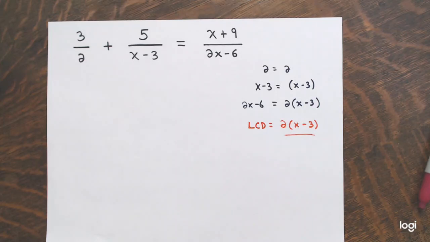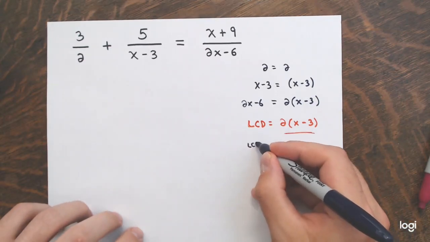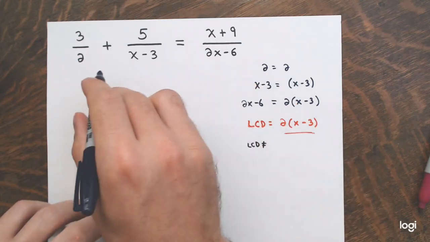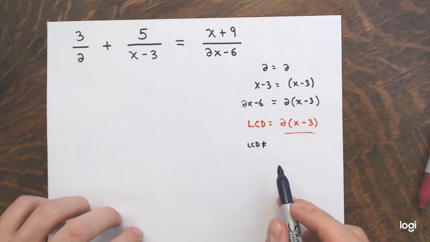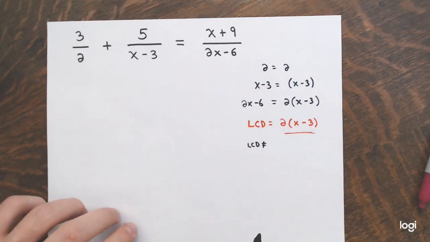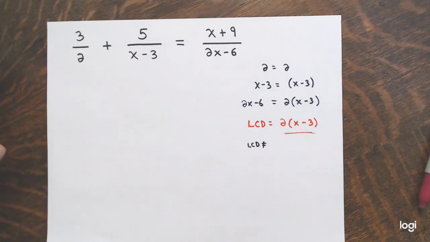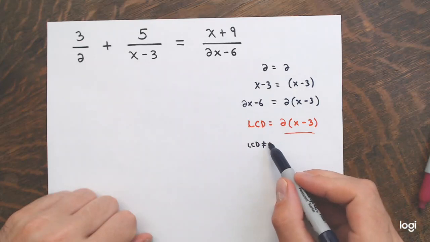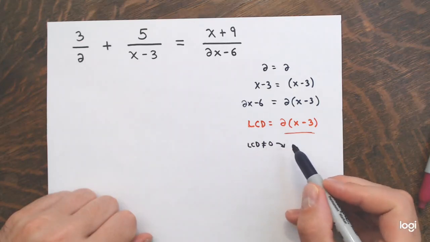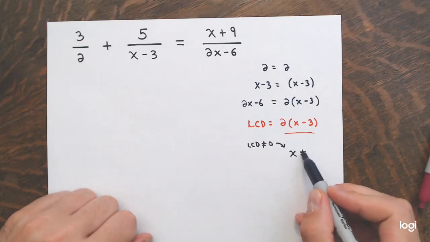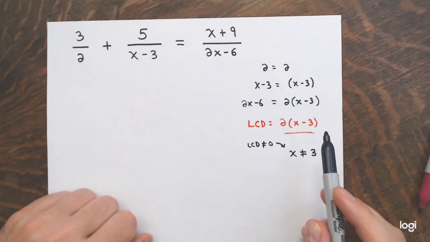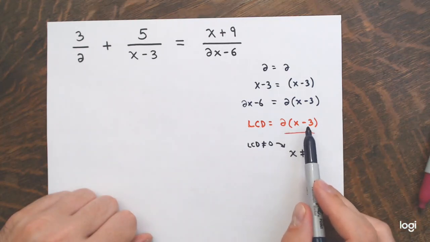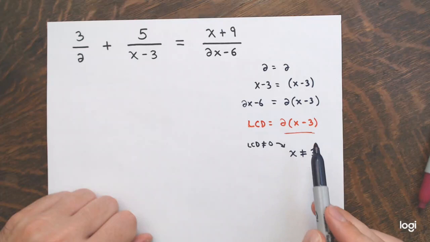Alright, great. So now we want to make sure that this is not 0 ever. I don't want any of my denominators to be 0, especially this LCD, because I'm going to be multiplying both sides by it, and I never want to multiply both sides of an equation by 0. So the LCD can't be 0, implying that the value of x cannot be 3. 2 is never going to be 0, but the other factor, x minus 3, will be 0 when x is 3.